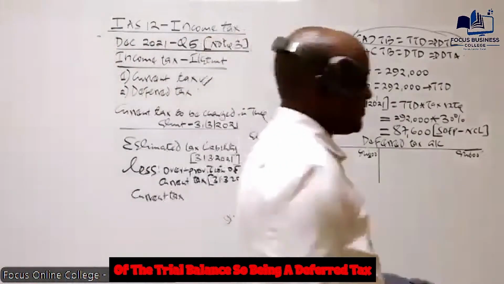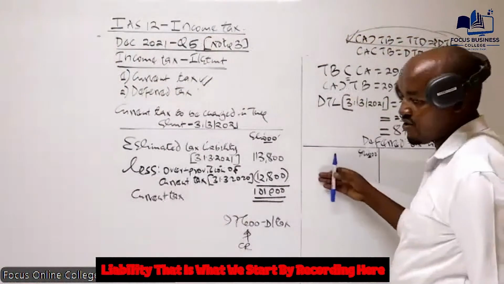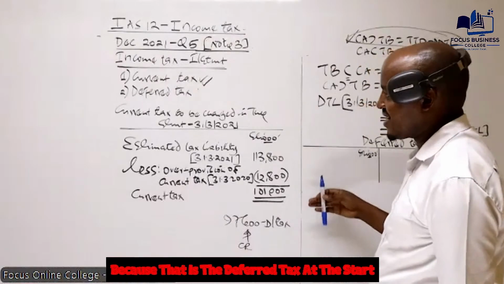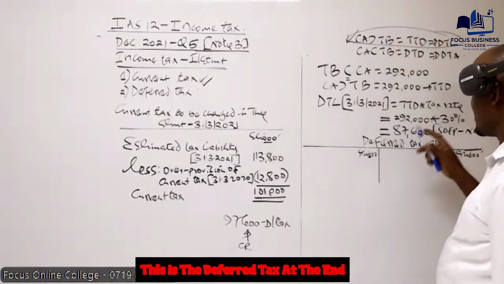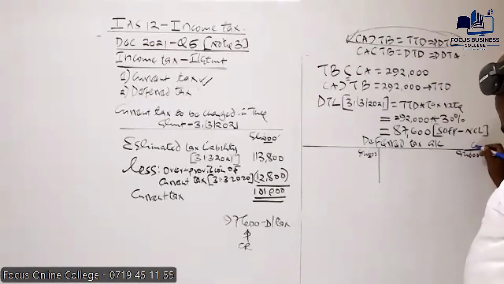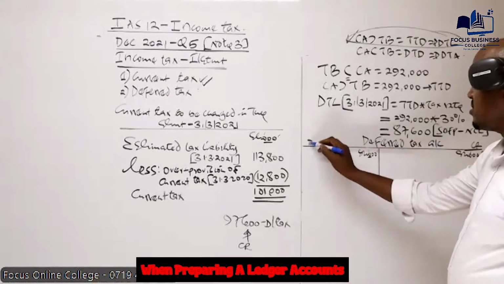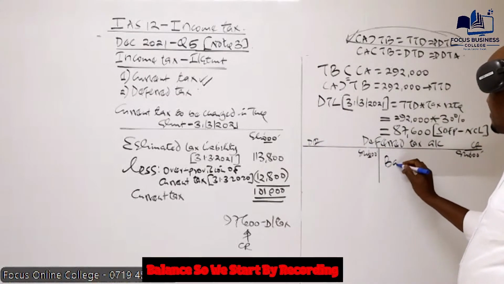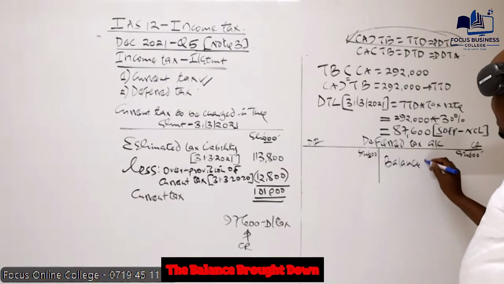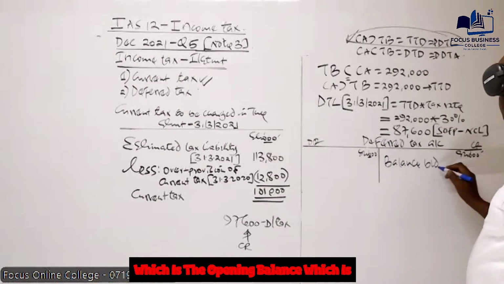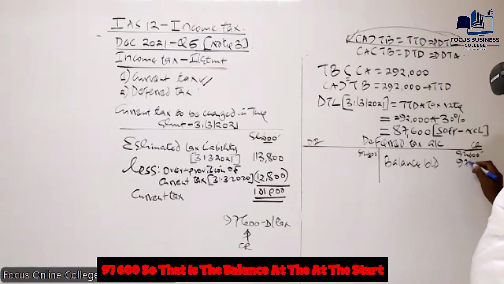So being a deferred tax liability, that is what we start by recording here, because that is the deferred tax at the start. This is the deferred tax at the end. When preparing a ledger account, all liabilities have a credit balance. So we start by recording the balance brought down, the opening balance, which is 97,600.